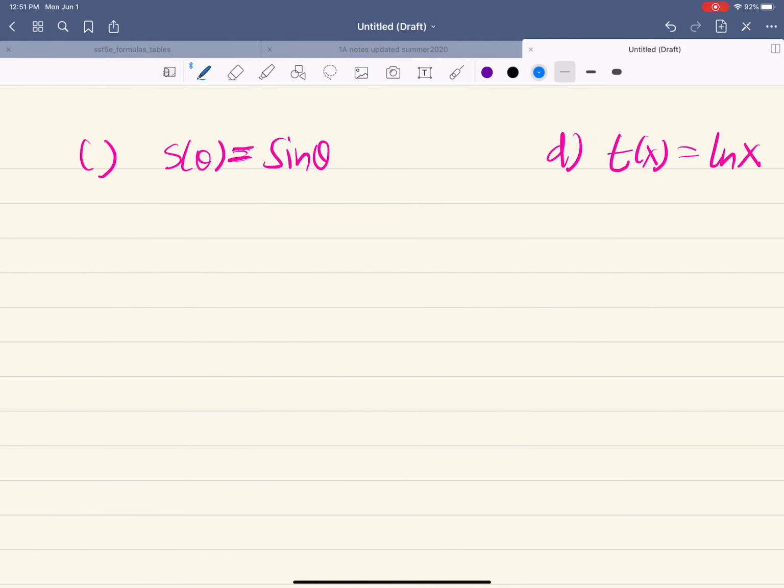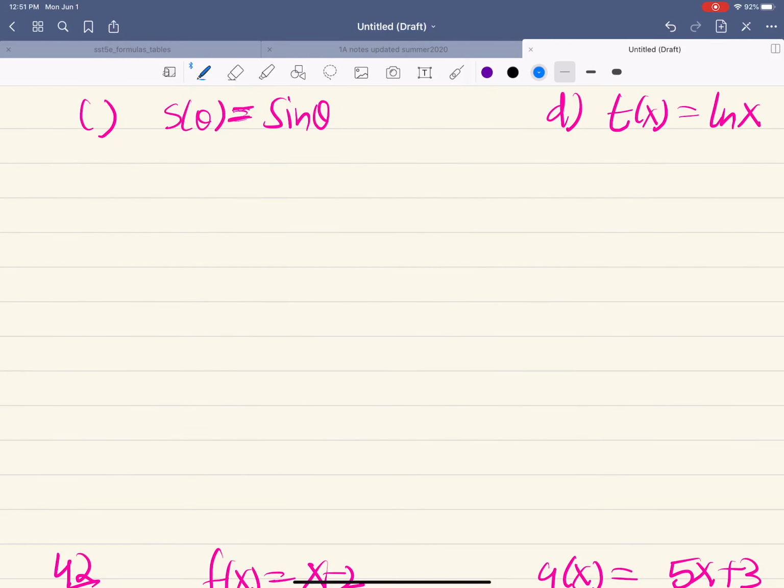Right, the next problem, S of theta is sine theta. What's the domain and range of sine theta? The domain is negative infinity to infinity. There are no discontinuities. It goes on forever and forever. How about the range? The range for sine theta is negative 1 to positive 1.